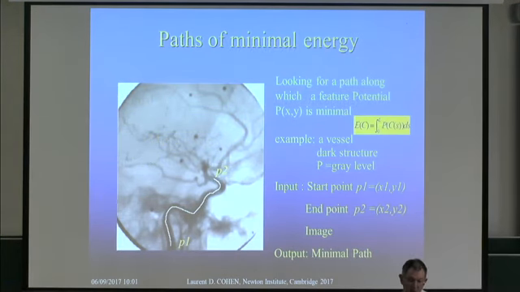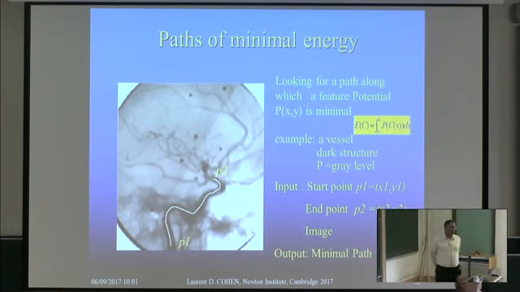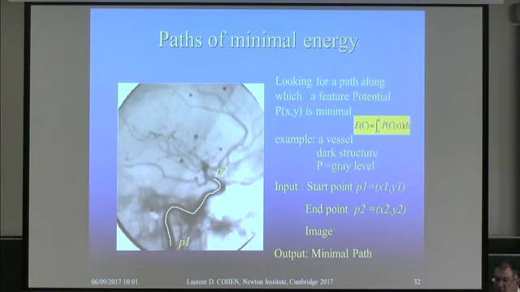We introduced path of minimal energy about 20 years ago in order to find the global minimum for active contours. Active contours are an evolving curve that finds contours in images, by minimizing an energy composed of a feature-based term and a smoothing term.